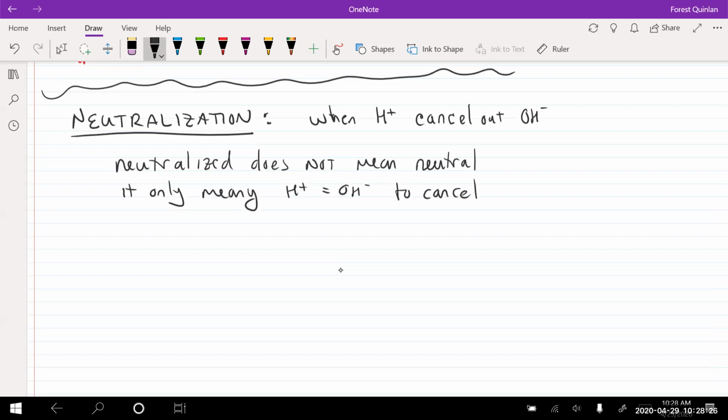Now, I'm not going to delve too deeply in here, but Melinda can definitely attest that we have spent weeks in Chem 121 proving that once you cancel everything out, the pH is not 7. But I'm going to leave that for a more advanced class. For us, we can just think, okay, we're just canceling out, and that's the biggest take home from this.